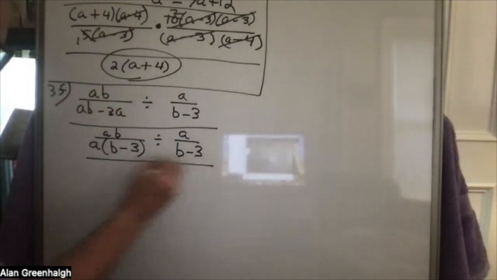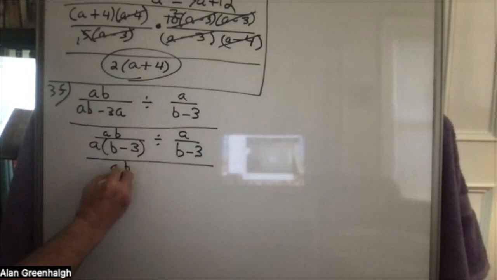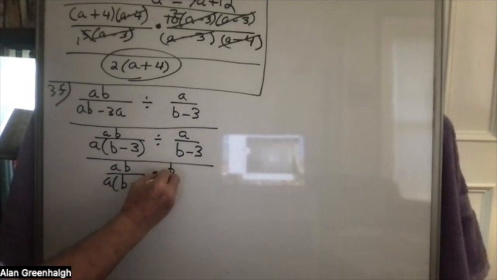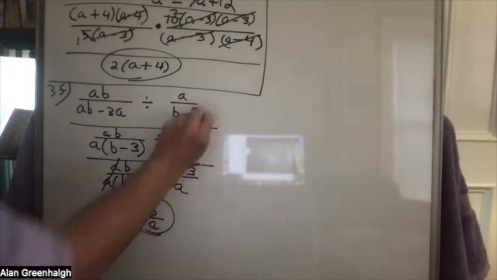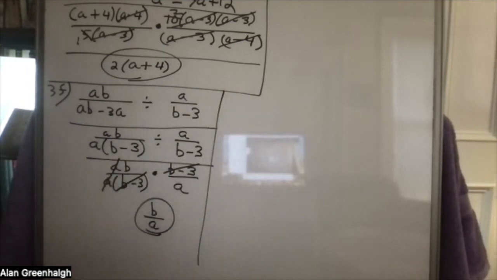It doesn't matter when you do the inverting, really, but you could do it now, and the B minus 3 over the A. And again, this is the fun part. You cancel out the B minus 3s, you cancel out the A's, and the answer to the question is B over A. Pretty straightforward.